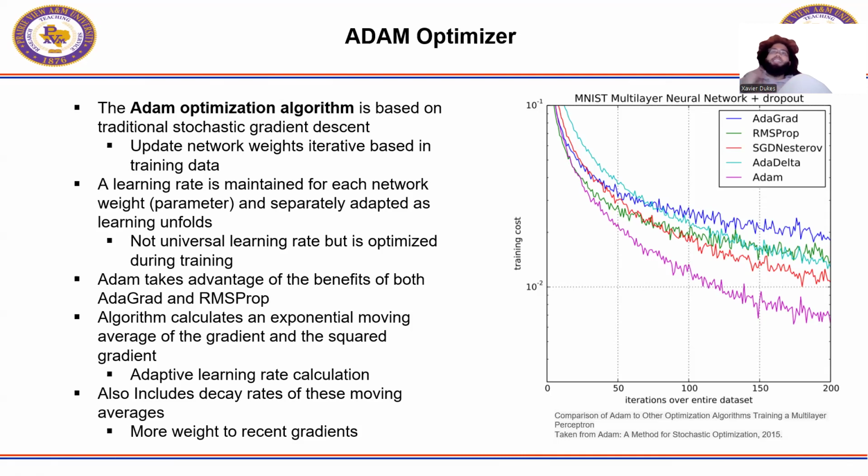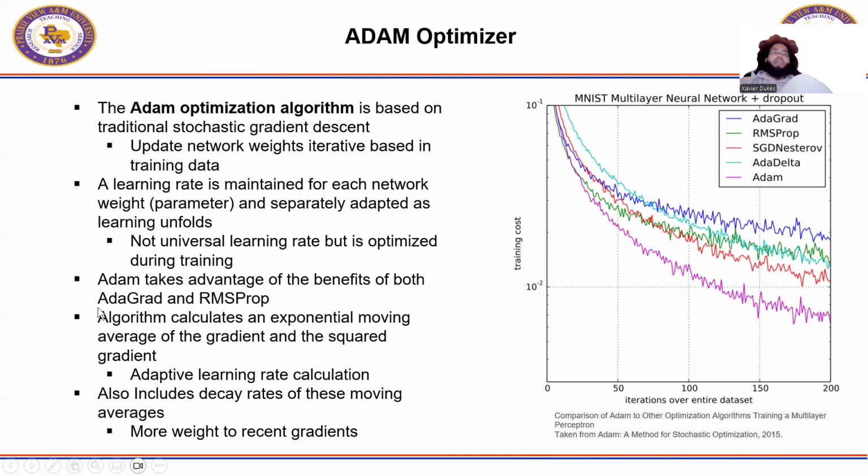You don't wait for entire epochs to finish before updating weights, which ultimately introduces more noise, but will allow for faster convergence. A learning rate is maintained for each network weight parameter and separately adapted as learning unfolds. There's not a universal rate, but it is optimized during training.